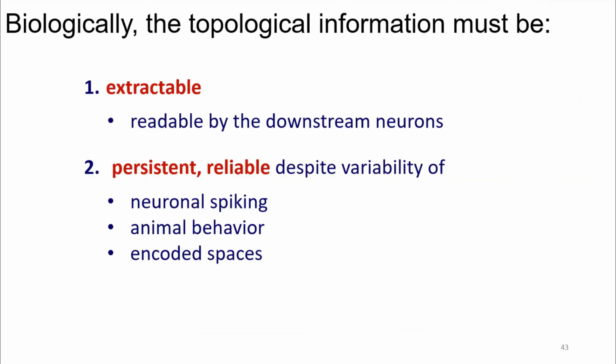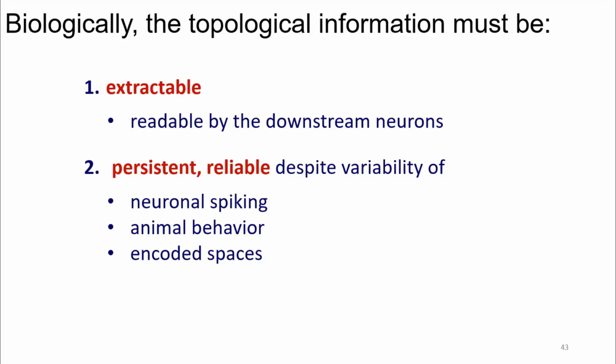Number one, this information should be actually explicitly extractable from spiking activity. And to some extent, we answered that question because we explained how I can actually build a simplicial complex. So basically, this is the constructive part. And we, in principle, can argue that, yes, we can more or less extract this information, that we can build simplicial complexes.